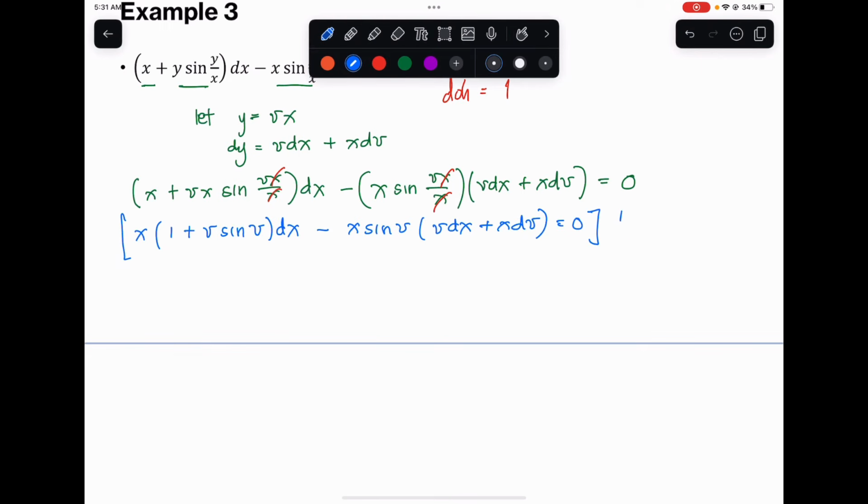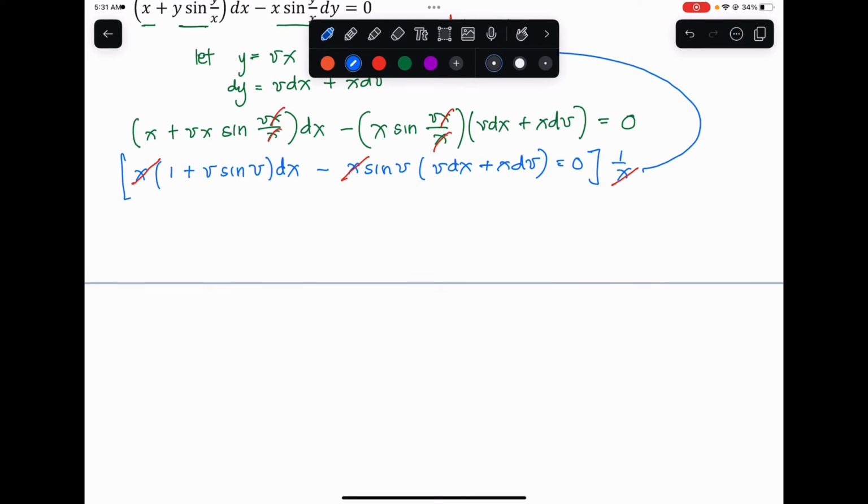So multiplying everything by 1 over x, the x's are cancelled out. So leaving us to have 1 times dx, it's dx plus v sine v dx, minus sine v times v dx, which is the same as v sine v dx, then minus x sine v dv is equal to 0.